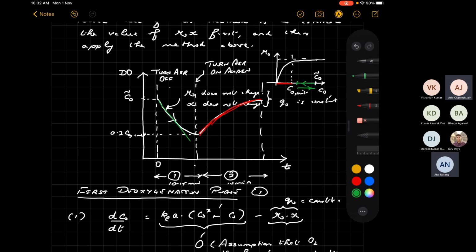Yes, sir. And so the value of X will also remain constant when we start oxygenating. Well, the reason is that actually the cells are growing. But the total experiment lasts only 10 minutes. Growth requires time. Cells don't double every 5 minutes.